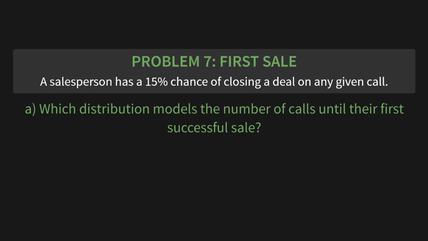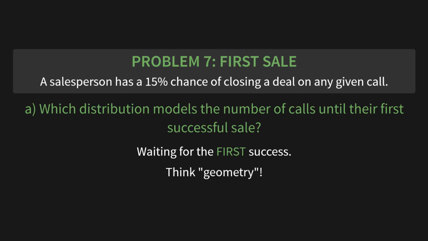Let's move on to problem 7, first sale. A salesperson has a 15% chance of closing a deal on any given call. Part A asks which distribution models the number of calls until their first successful sale. The big clue here is that we are waiting for the first success. First. And here's a little hint. Think geometry. This is the geometric distribution.